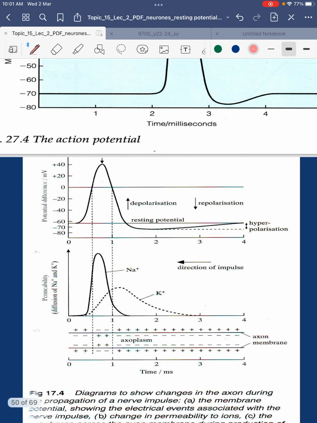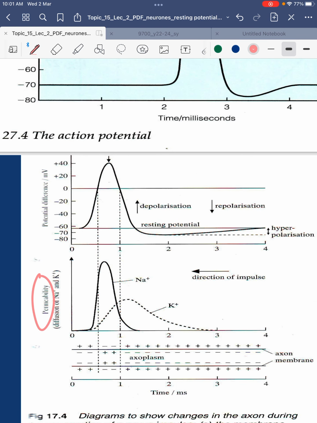So as you can see here, this is permeability. This part here is where the sodium begins to enter, and you can see the permeability of sodium increases in this corresponding region. And then going down, this is when the potassium begins to leave.